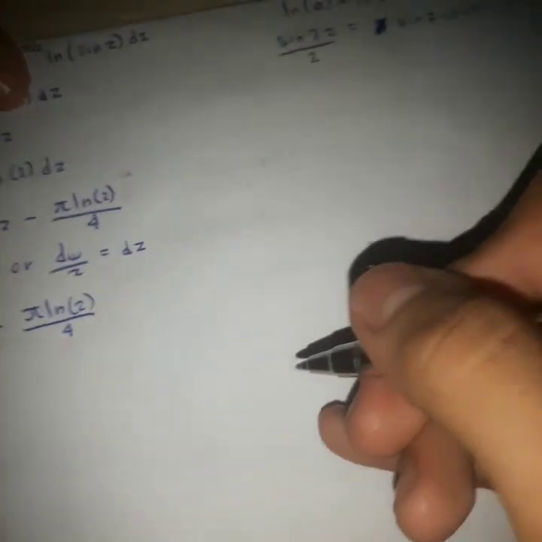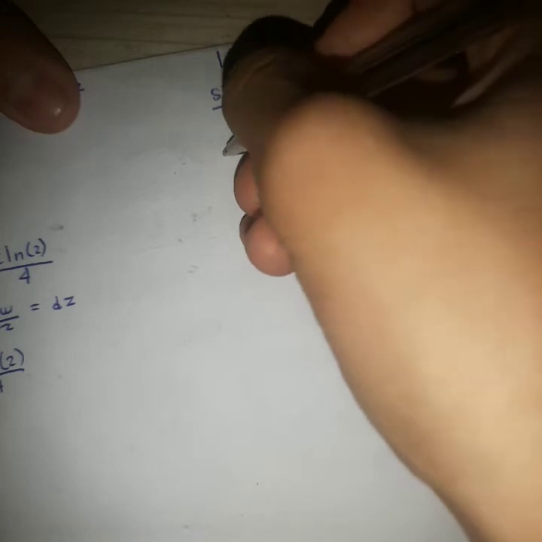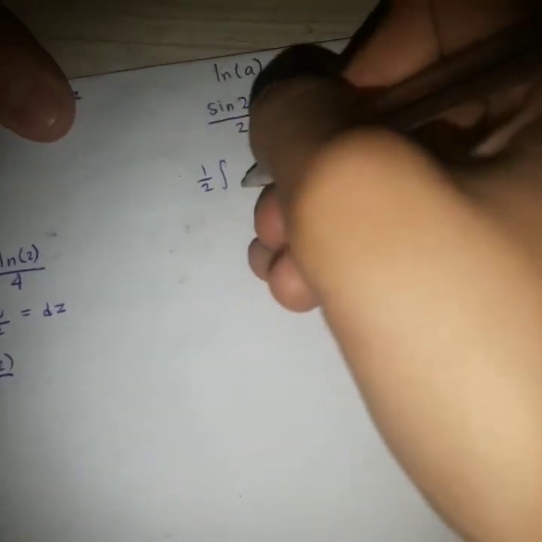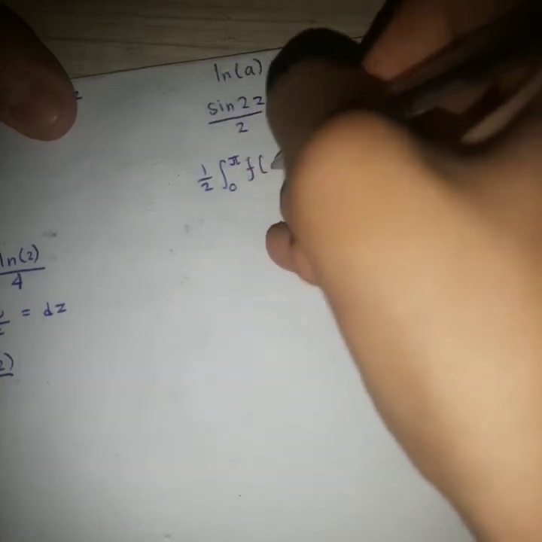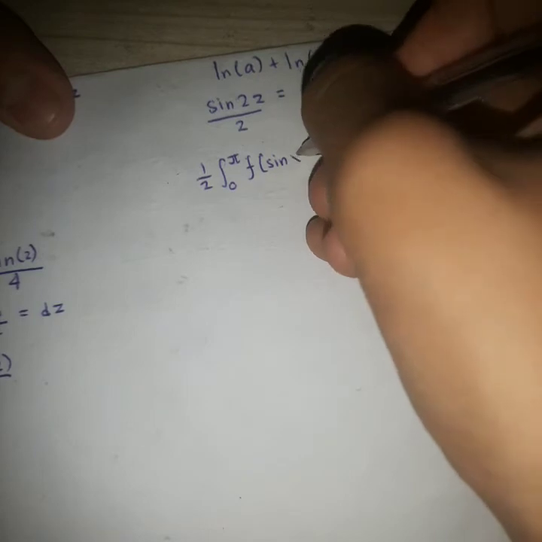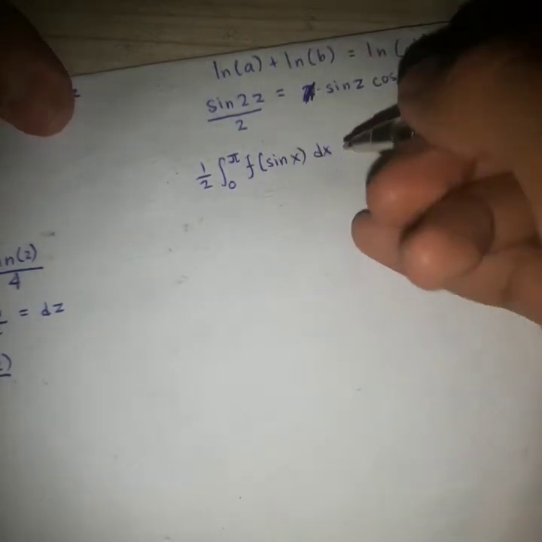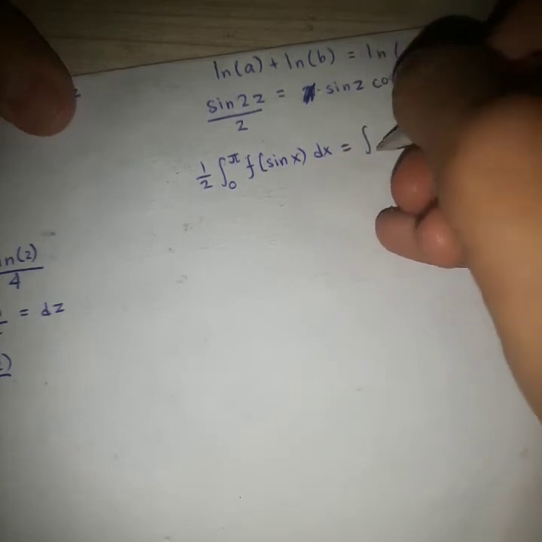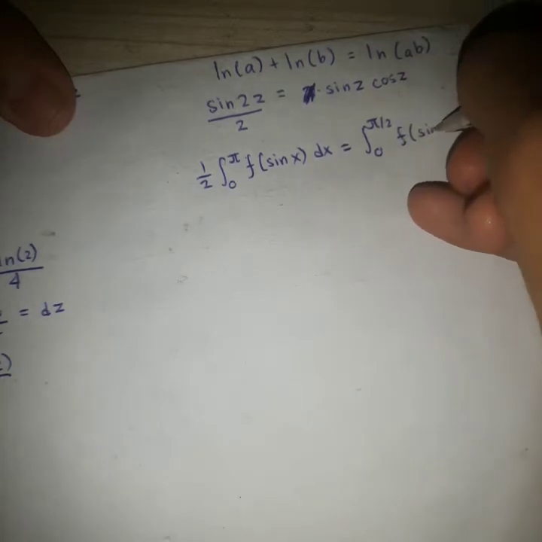And from integral rules, we know that 1/2 times the integral from 0 to pi of f of sine x dx, where f is any function, is just equal to the integral from 0 to pi over 2 of f of sine x dx.